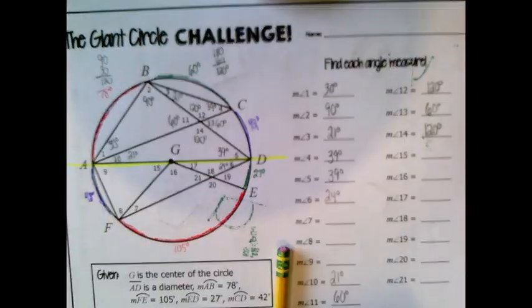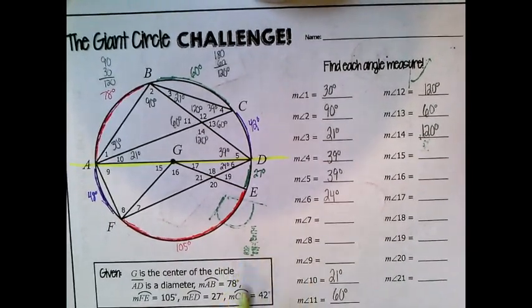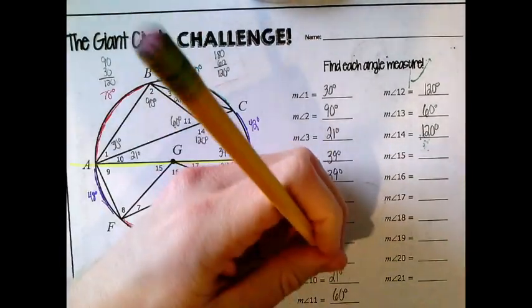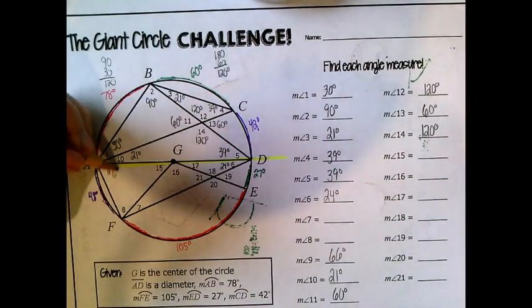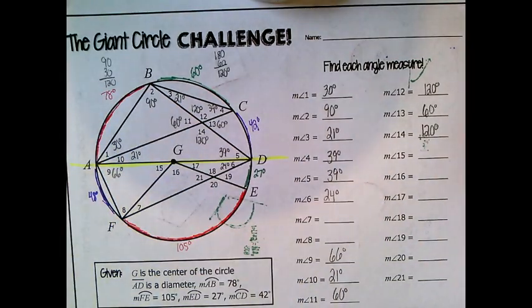That's going to give me angle 9. So angle 9 is 66 degrees. Okay. All right. So 7, again, we can't get that quite yet. I don't think so. Let's move.